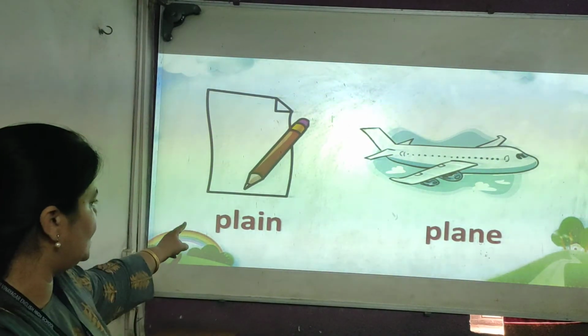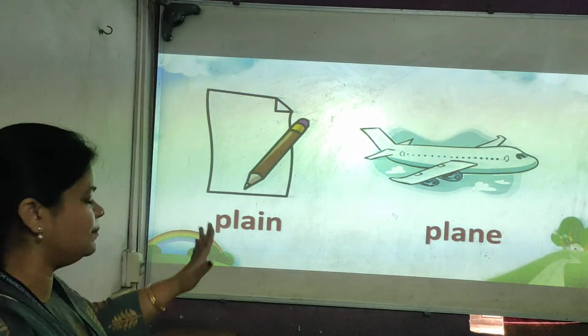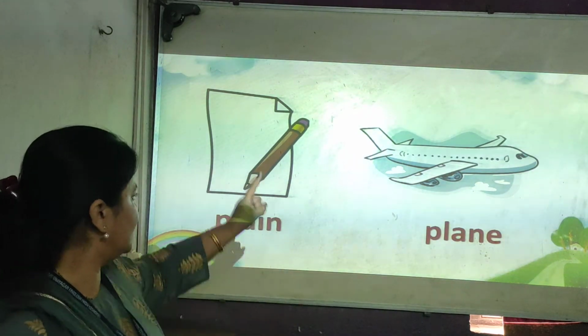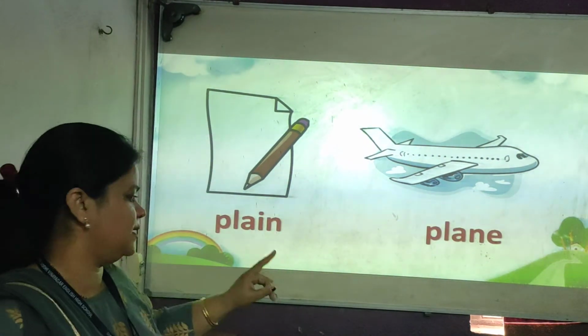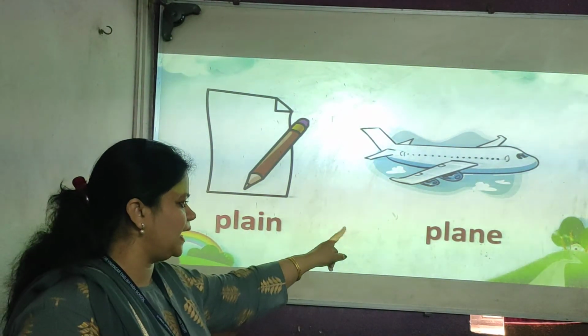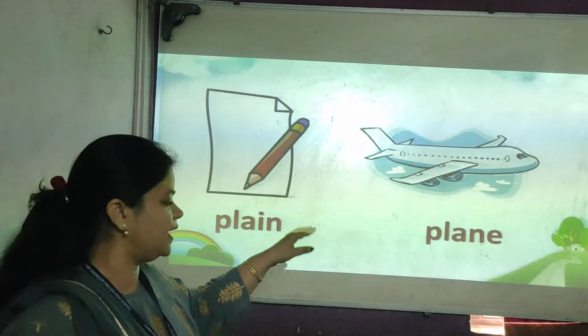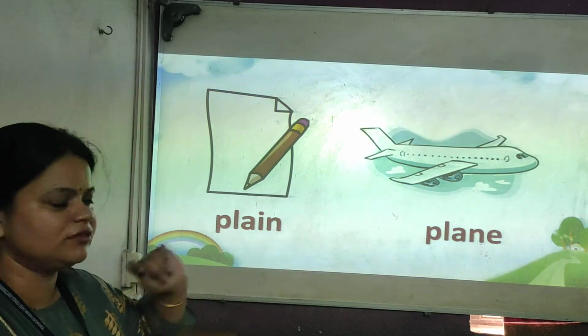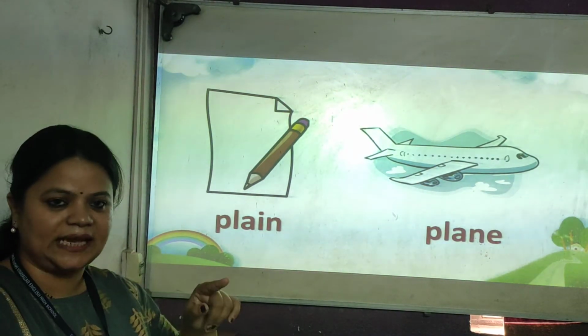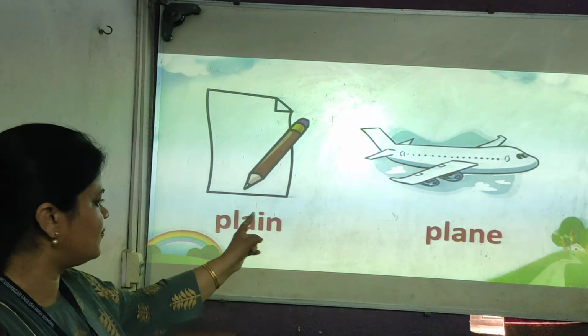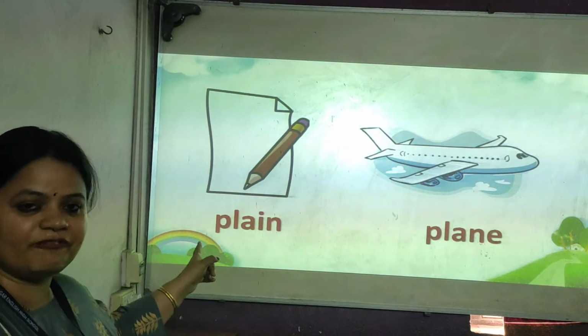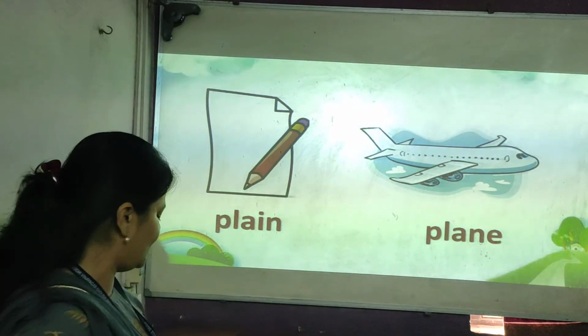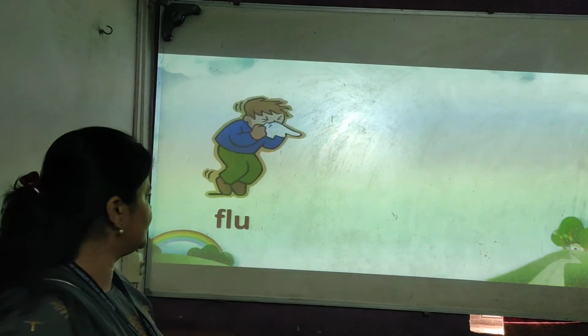P-L-A-I-N, plain. Plain means it's a plain paper. Nothing is written on that paper. And the second one, P-L-A-N-E, is a plane. Plane is an aeroplane. Yes. So when you read both the words, they sound the same, but both words have different meanings and different spellings. We'll see the next one.